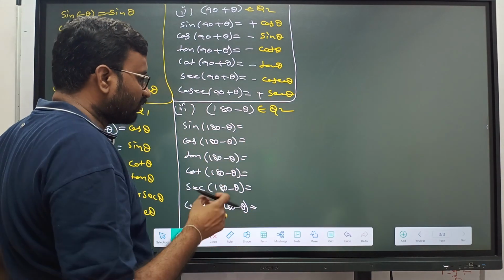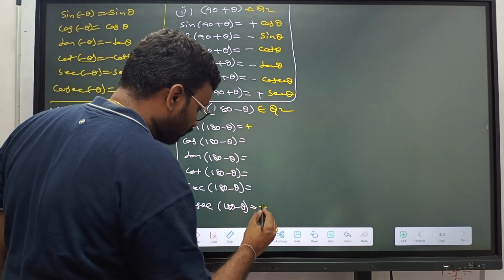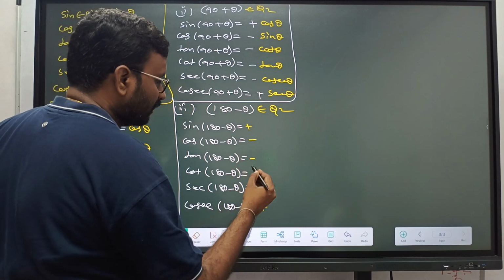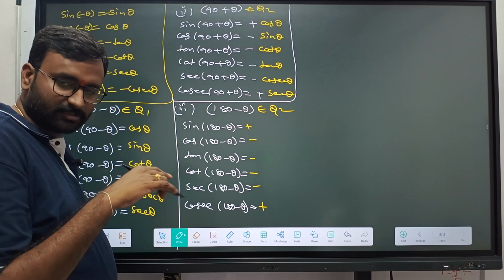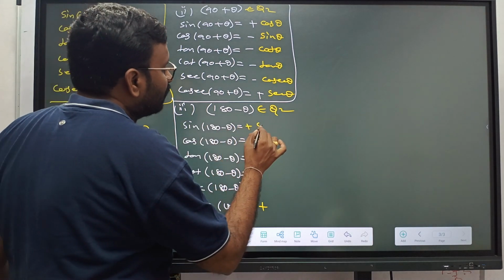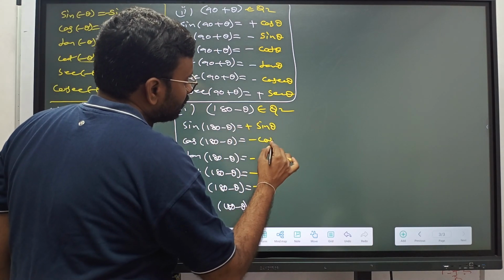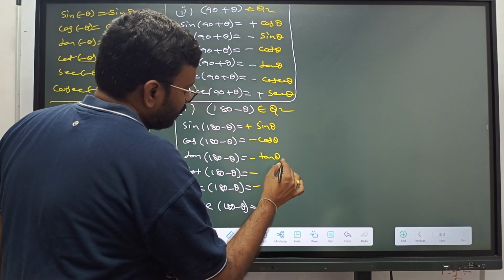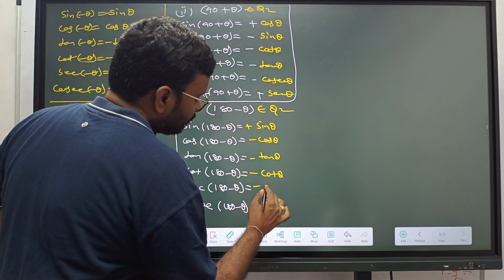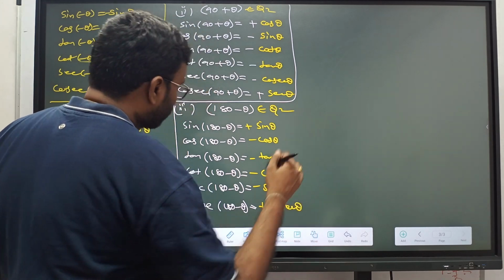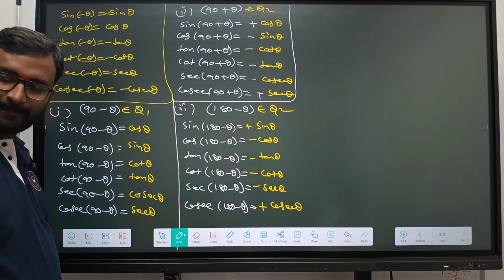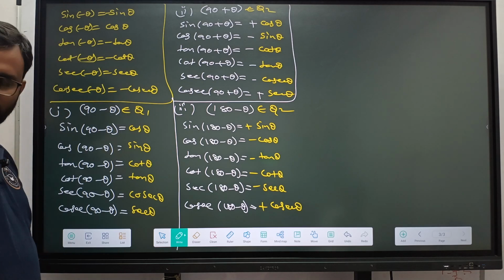We know in second quadrant sine positive and cosecant positive, remaining all are negative. But here on even axis 180, ratio will not change. Sin theta, cos theta, tan theta, cot theta, secant theta, cosecant theta. Now tell me what is tan 180 minus theta? Minus tan theta. So ratio will not change.